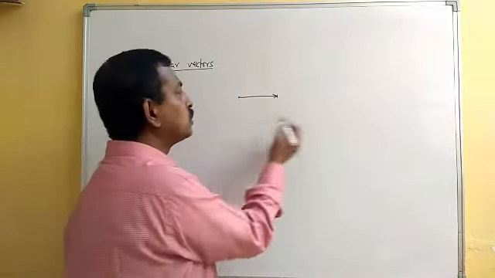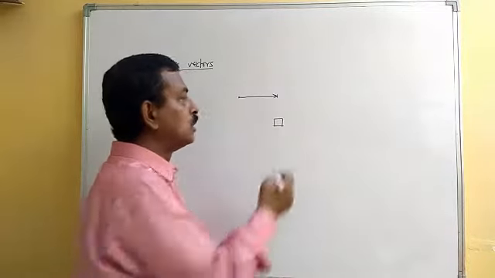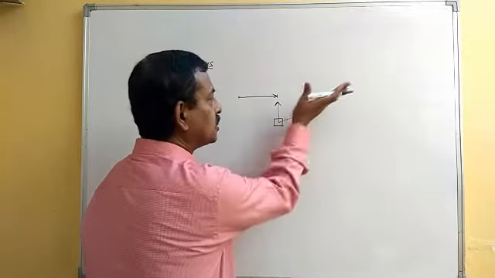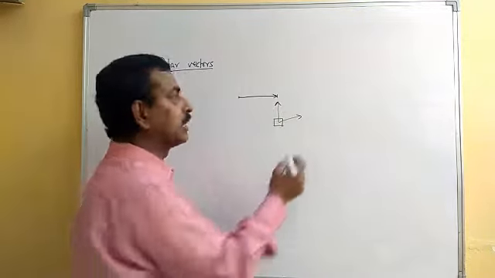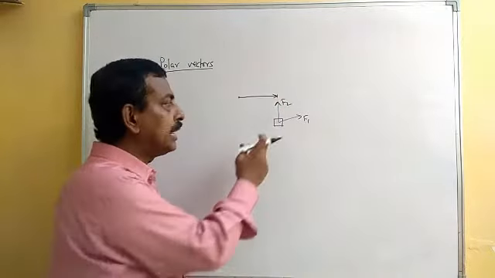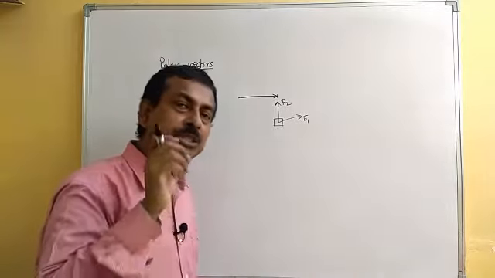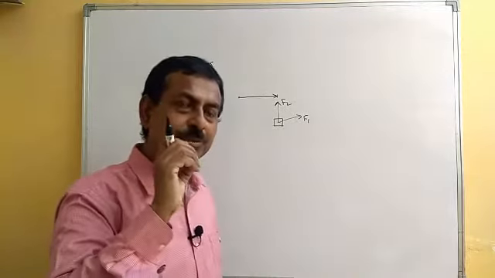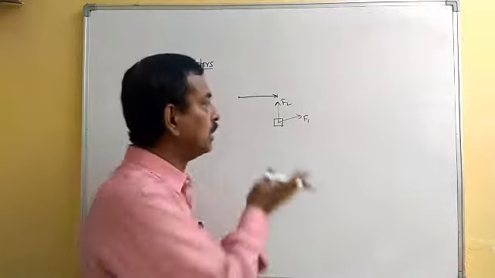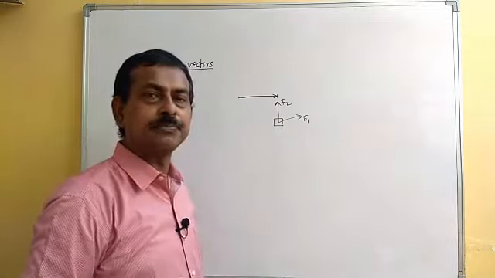Or suppose you have a force acting on a body. The force may be shown acting in this direction or the other direction. This is suppose your F1, this is your F2. So there you have a fixed starting point, or at least, even if the starting point is not specified, you know the direction of its application. We can say that it is acting in this particular direction.